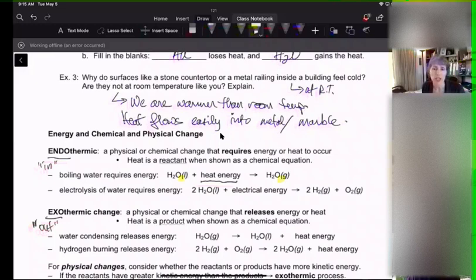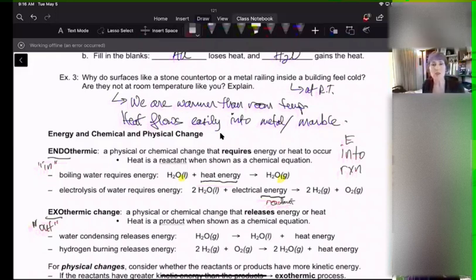This is a physical change. It's true of chemical changes as well. A chemical change can require energy, and then that energy will be a reactant. So energy goes into the reaction. I'm writing that physical change with a chemical equation. So it's still a physical change, but we can see it in a reaction form.